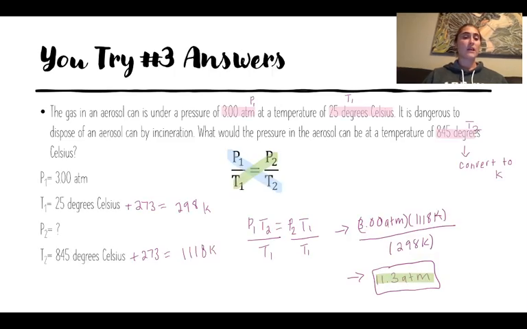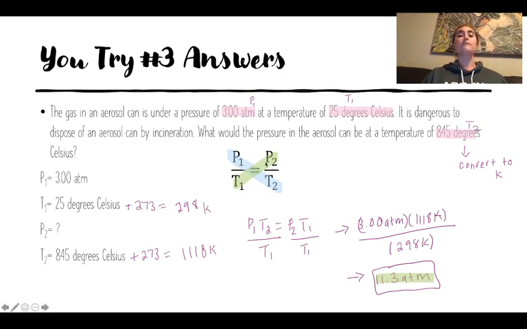All right, here we are. The gas in an aerosol can is at a pressure of P1, 3 atm, at a temperature of T1, 25 degrees Celsius. What would the new pressure be, P2, so that's what we're searching for, if the temperature was increased to 845 degrees Celsius? Remember the first thing we said, this needs to be in kelvins, so we need to add 273 to both of these numbers, and we'll get our new Kelvin variables.